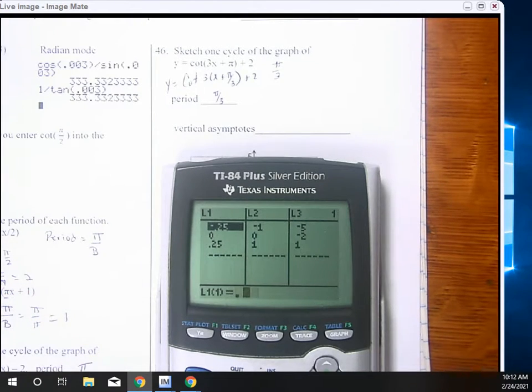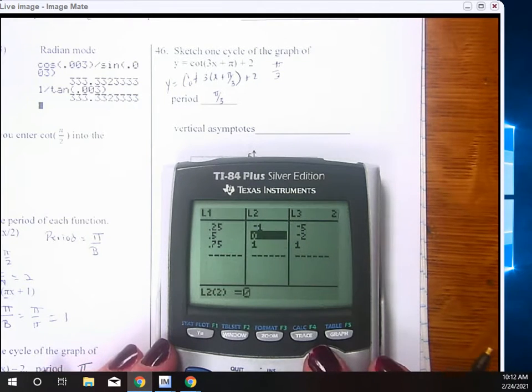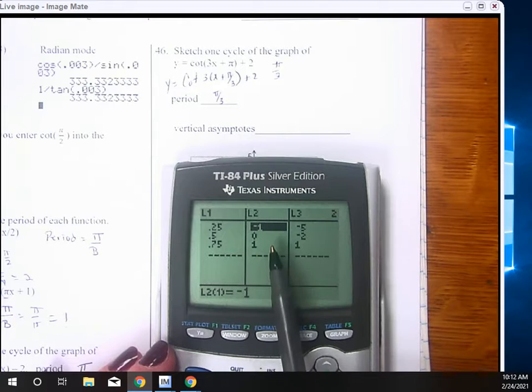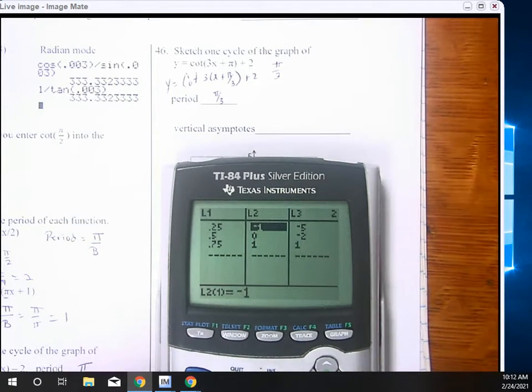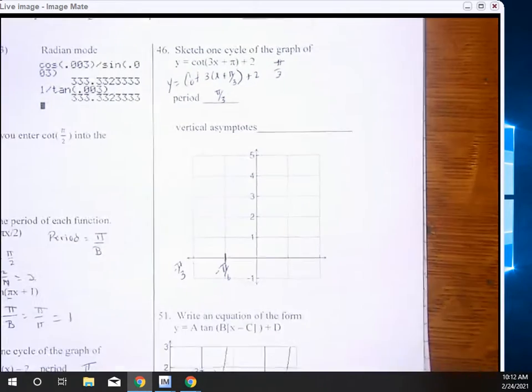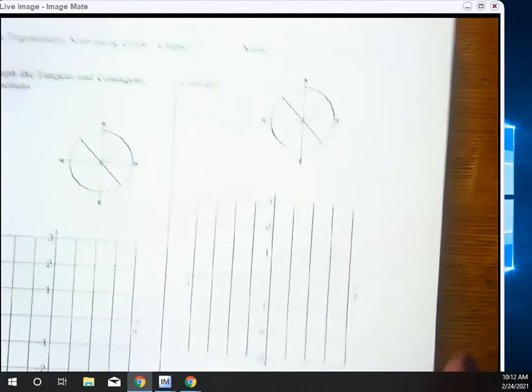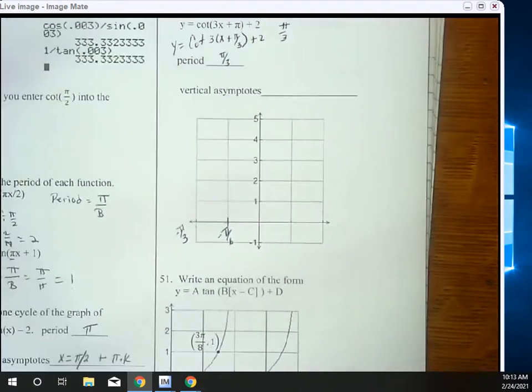So let me just start with 0.25, and then I'm going to go to pi over 2, which is a half, and then at 3 pi over 4, and my values then are negative 1, 0, and 1. Remember, it was going downward, so our values were 1, 0, and negative 1 typically. Now, if you don't remember that, just flip over to the other side and look at what we did.